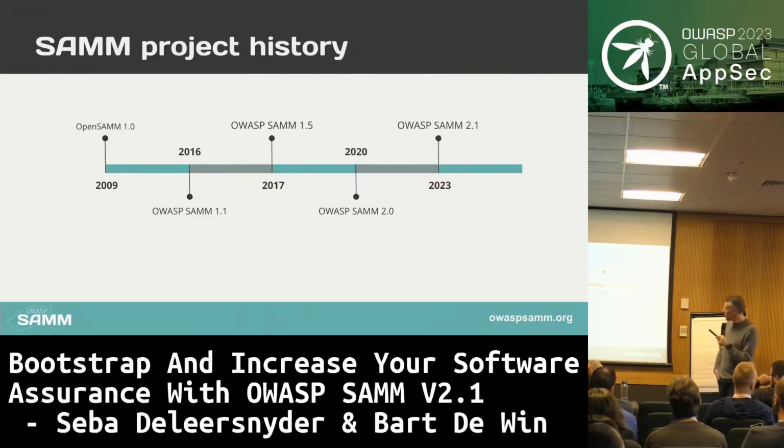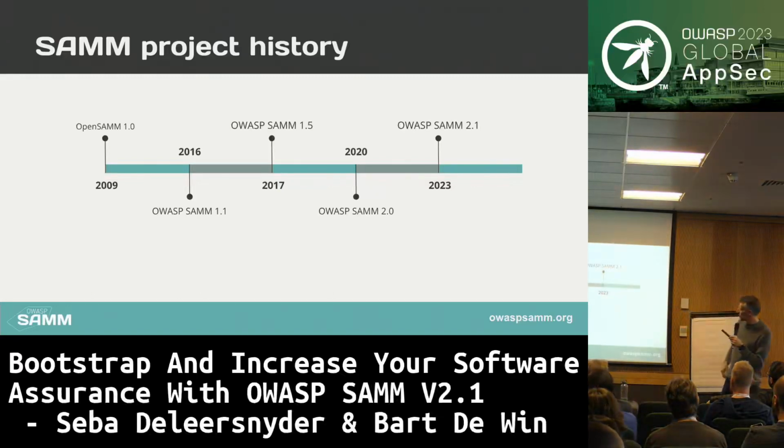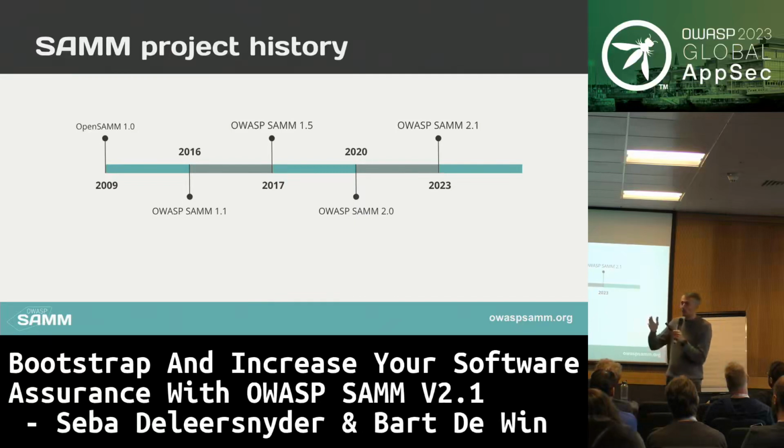But we did change, for instance, the measuring system in SAMM 1.5 in 2017. We changed how scores are calculated, and that had quite an impact on organizations using it. And quite a big change was done in SAMM 2.0, which was released in 2020. We changed the core structure of the model. Before we had 4 business functions, and we went to 5.